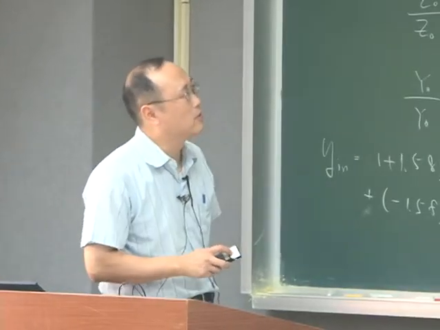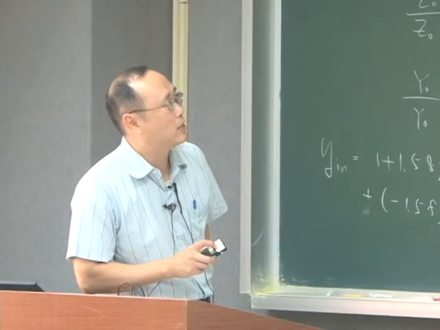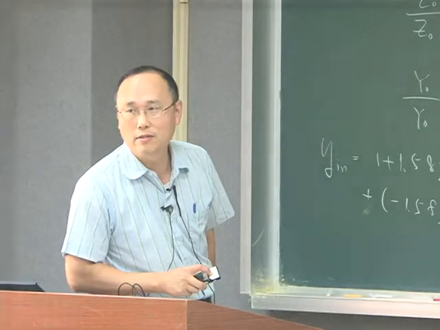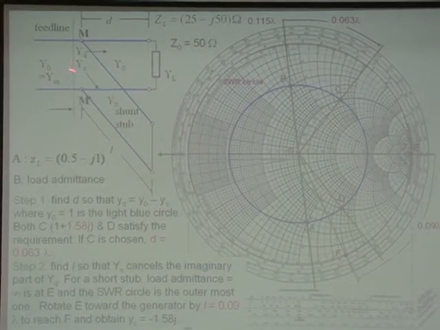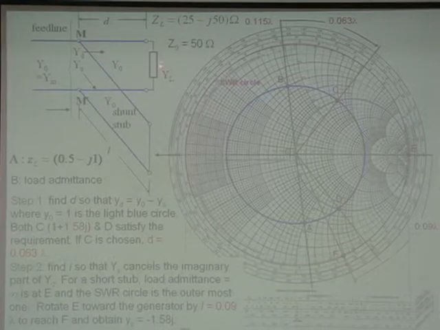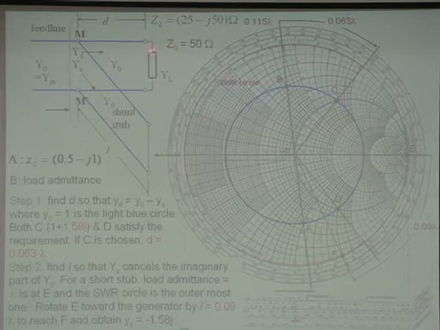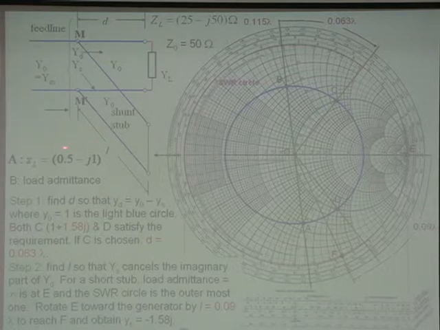Okay, let me give you a review. Well, the purpose for this problem is to design a D and L so that you don't have any reflection of signal from this point back. Okay, the first step is that you normalize this load admittance, and then find out that in fact you have some value in front right here.